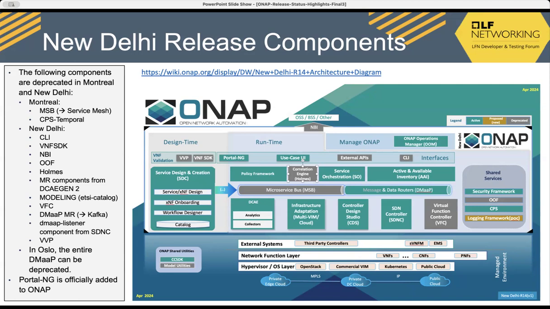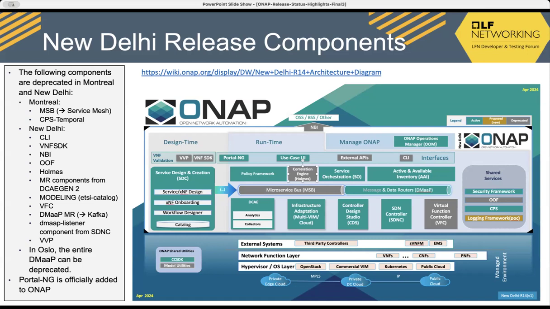OOF is the optimization framework, not much in demand. So HOLMES, the MR component from DCAE Gen 2, modeling, DMAAP MR will be gone, and VVP. In Oslo, I mentioned the entire DMAAP can be deprecated, and we're going to replace it with Strimzi Kafka.